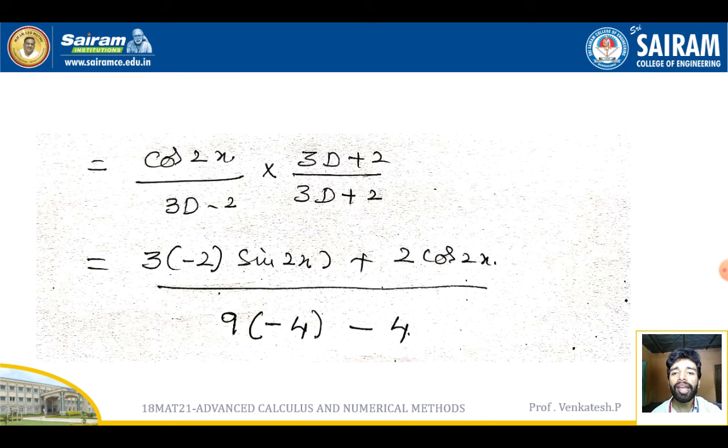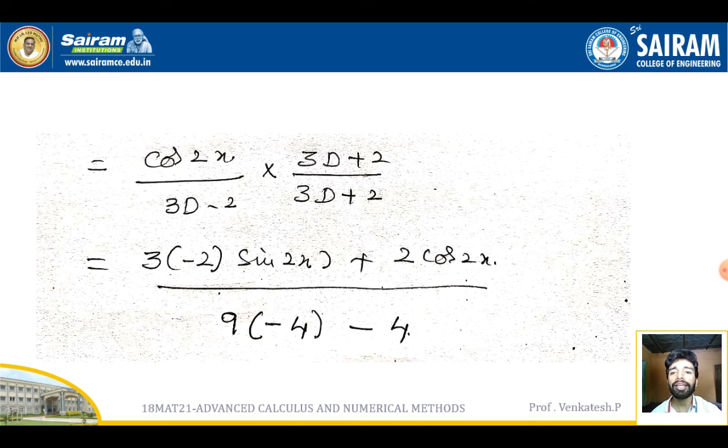Why did I multiply with 3d plus 2 by 3d plus 2? To convert this d into d square. Since 3d minus 2 is there, if I multiply the denominator with 3d plus 2, it will become 3d whole square minus 2 square, according to the a square minus b square formula. So I am multiplying and dividing with 3d plus 2 to get the form a square minus b square.